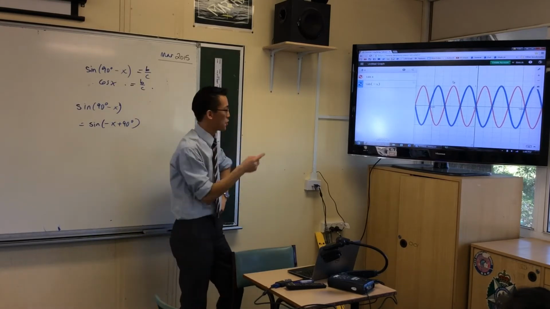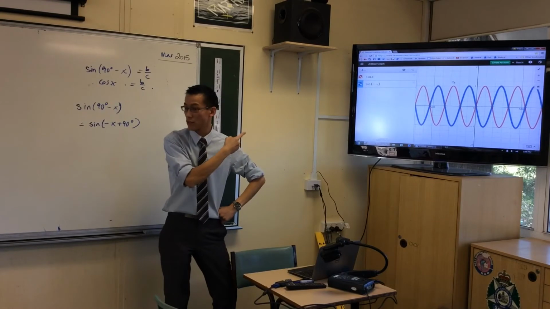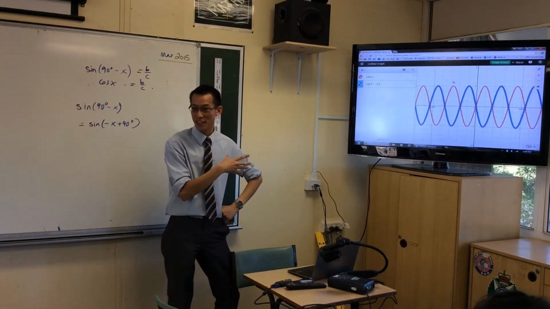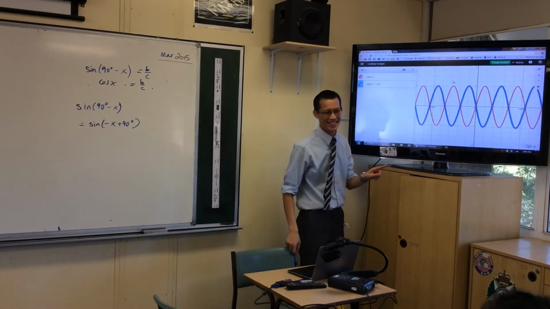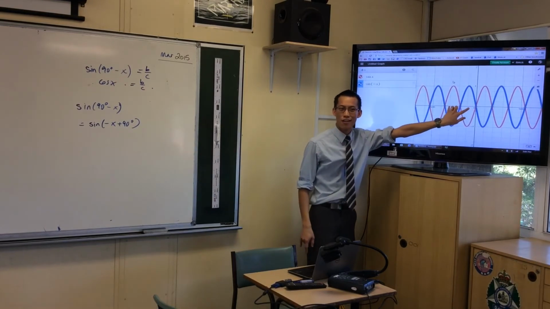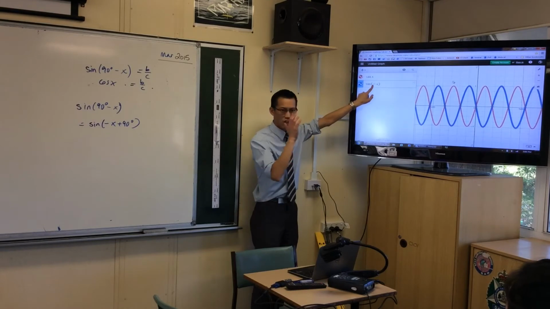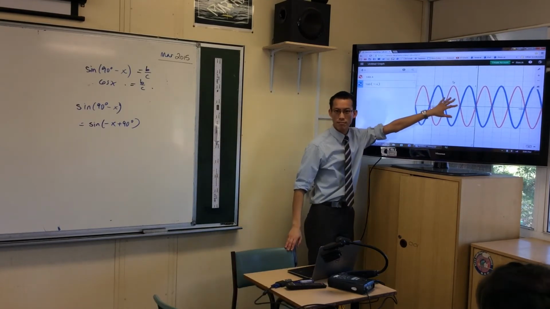But the thing is, because this function has symmetry, because it's an what kind of function? What kind of symmetry does it have? It's an odd function. Because it's an odd function, that's what my next guess is going to be. If I flip horizontally, which is what I've done, right? It's going to look exactly the same as if I flipped it vertically.